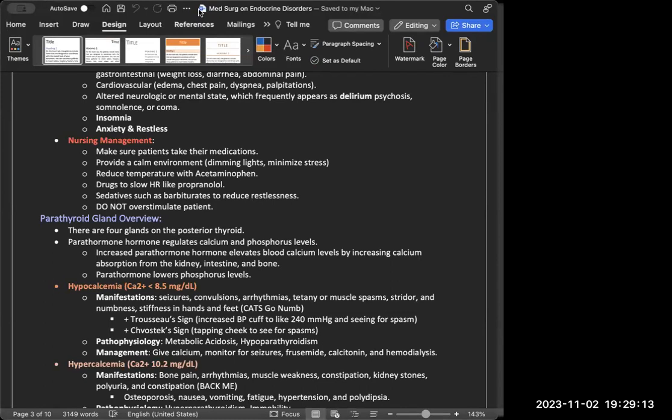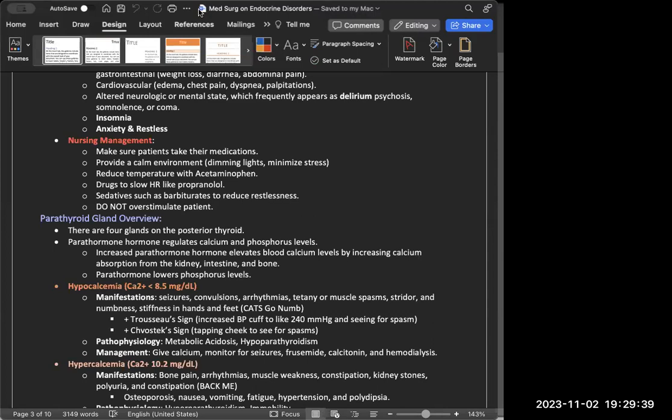So we want to give acetaminophen to help lower the fever so that they have less of those symptoms. Right? We want drugs like propranolol to slow the heart rate, to help reverse some of those sympathetic like stimulation. That's what propranolol is used for, because there's no drug necessarily that's going to sit there and lower all of these.